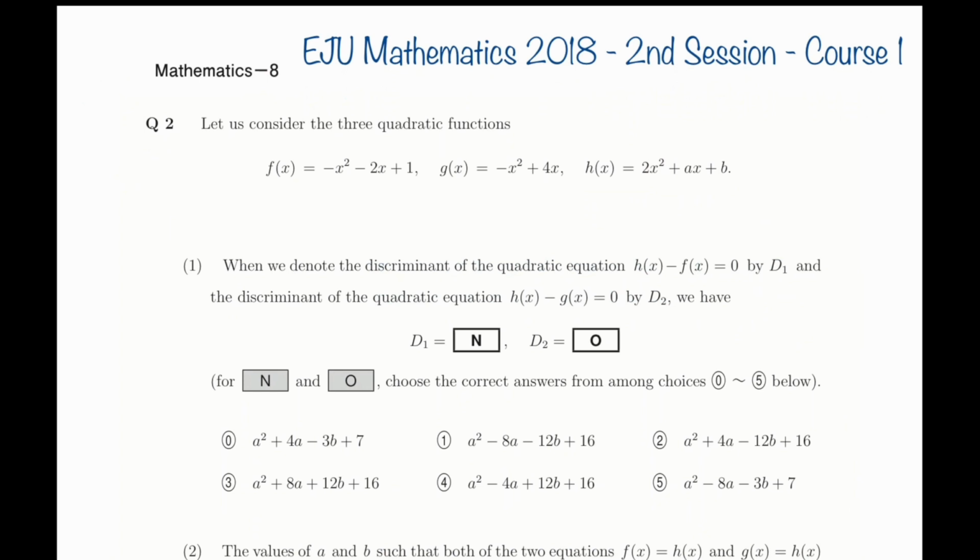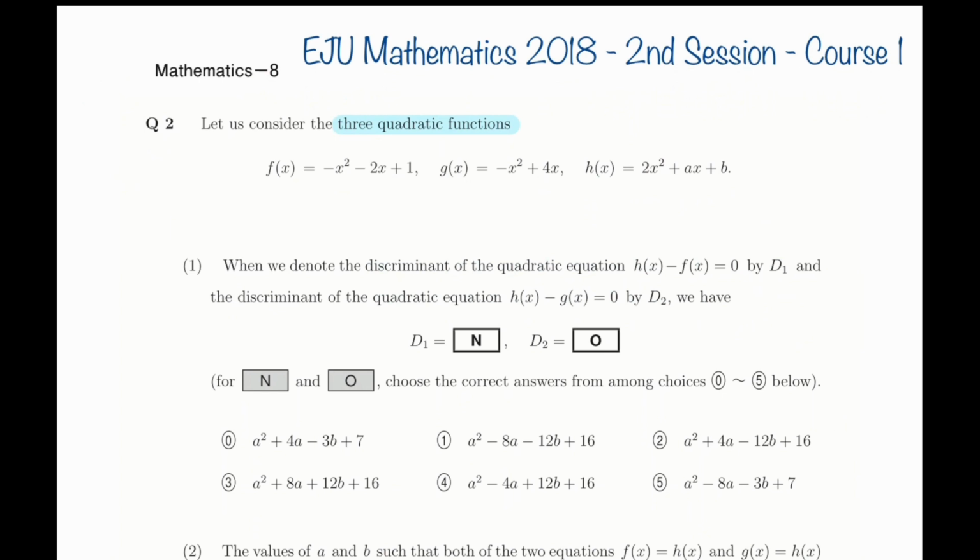Okay? In this question, we have three quadratic functions. The first one is f, which is negative x squared minus 2x plus 1. The second one is g, which is negative x squared plus 4x. And the last one is h, which is 2x squared plus ax plus b.